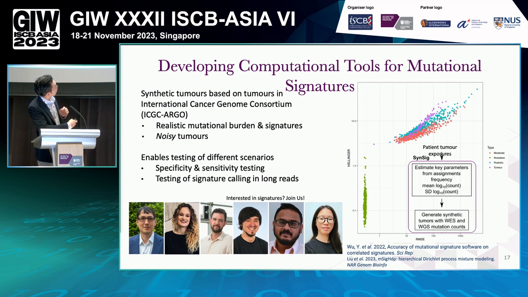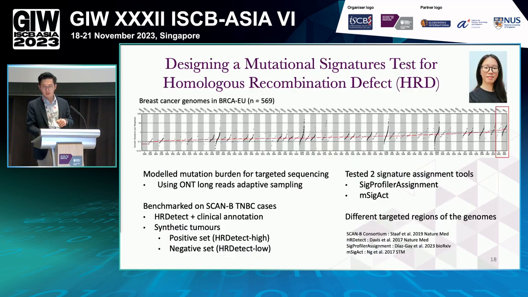So on the plot on the right, you can actually see this little splotch of green dots, where essentially it's synthetic tumors if you don't actually have any noise added. So once you add different varying levels of noise, it actually looks closer to the tumors in purple. And that's why at the end of the day, this gives us a very good way to see whether tools work in different scenarios, different levels of difficulty, and we can set up different scenarios or experiments for testing. So this is a team that is doing the work really, and they're an amazing bunch to work with.